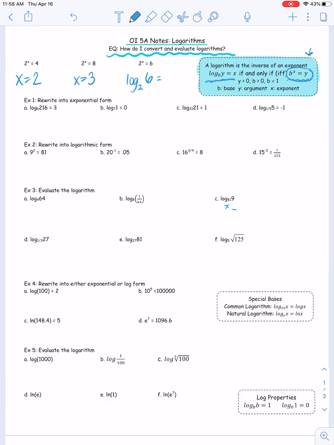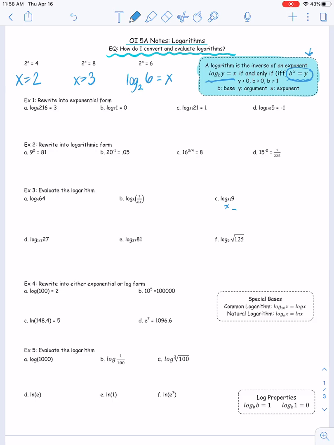So this is log base 2, the argument is 6. What is that exponent? We don't know. That is the x that we're trying to figure out. So this is rewriting that exponential of 2 raised to the x power equals 6 into a logarithmic equation. Log base 2 of 6 equals x. This is something that we can type into our calculator and solve for x, or eventually we can understand how to solve this algebraically.